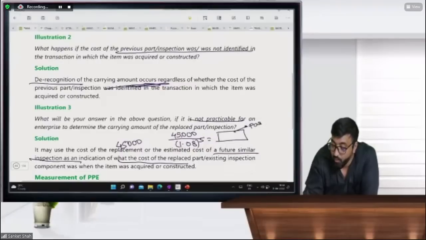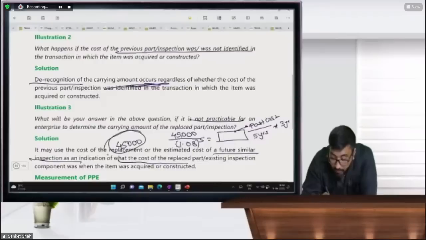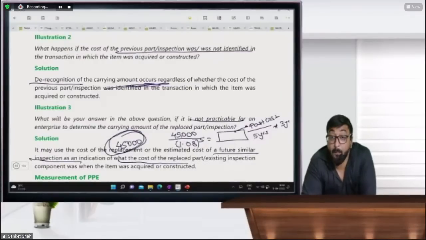This will be your past cost divided by life of that compressor, assume 5 years, and you are replacing it after 3 years. So this is your depreciation on that asset, and the balancing figure is the WDV you will consider. So if it is not practicable, you will consider the current replacement cost as the replaced part.